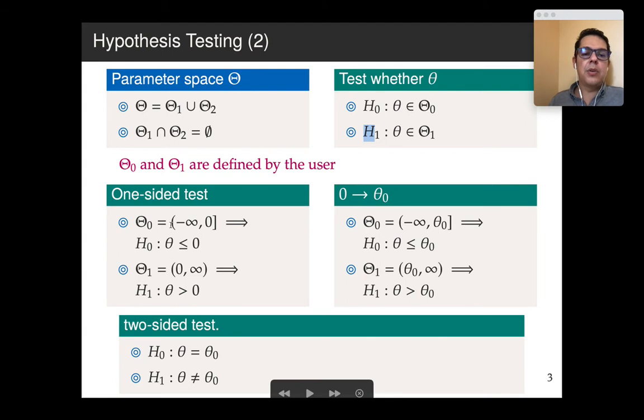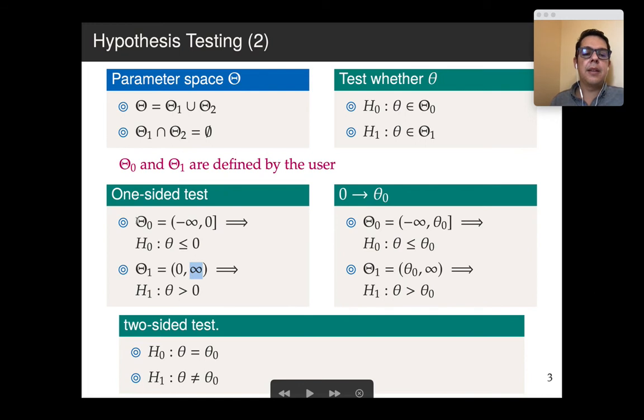There are two types of tests: the one-sided test and the two-sided test. These are the most common tests. In the one-sided test, as an example, you say theta 0 is a set that goes from minus infinity to 0, and theta 1 goes from 0, not including 0, to infinity.